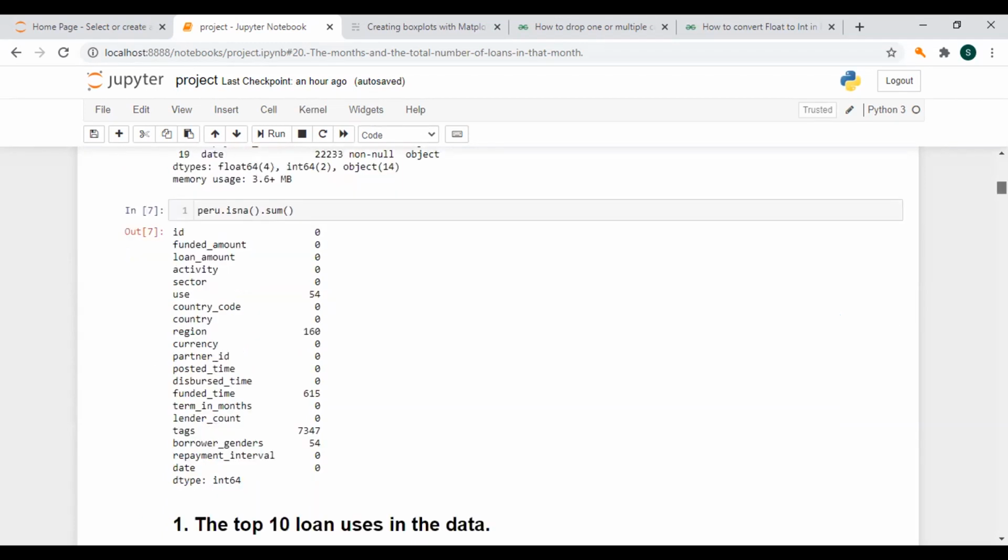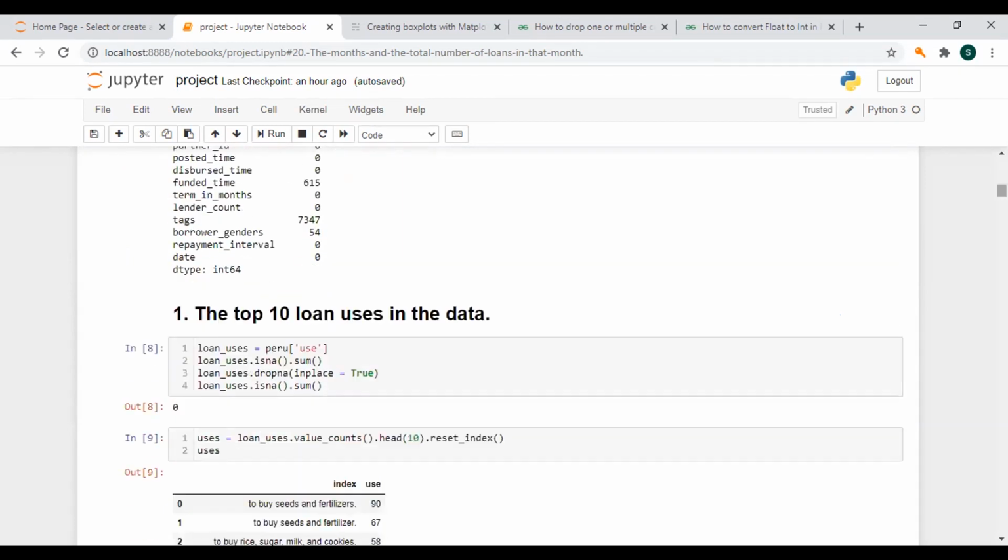That way, the top loan uses in the data. So I did take use because the question was referring to the uses in the loan data. So the use, I did drop all the missing ones.